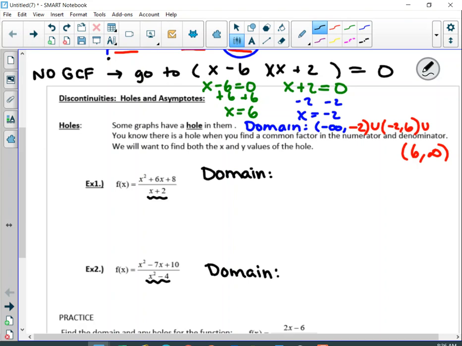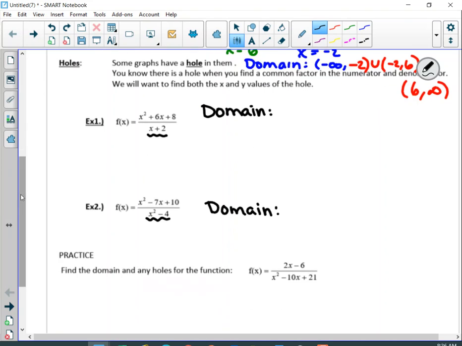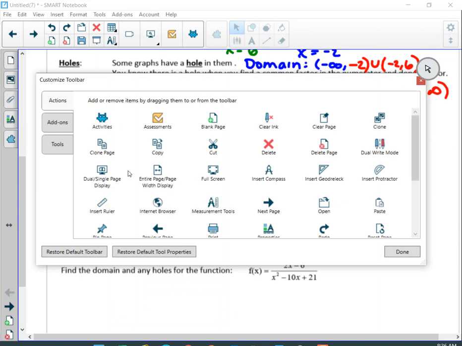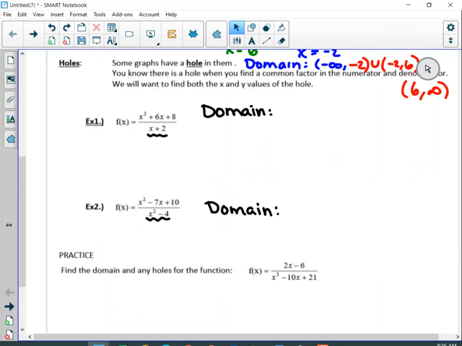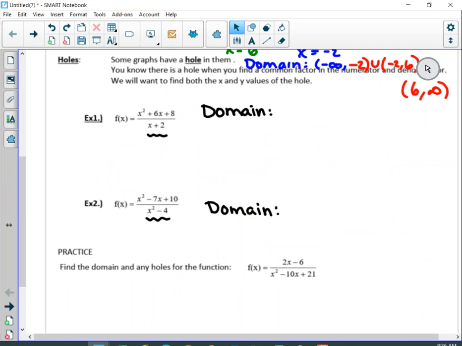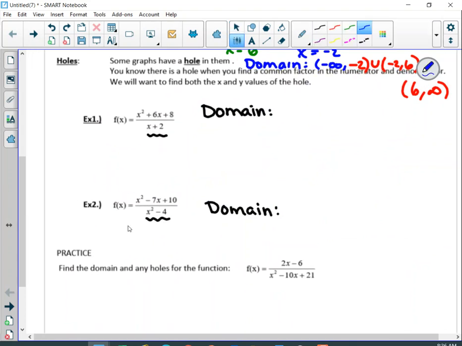So this factoring in problem 2, if you don't remember that factoring, that's that difference of squares factoring. We actually love that kind of factoring because it's quick and dirty. X squared minus 4, since they're both perfect squares, your factors are going to be x plus 2, x minus 2.